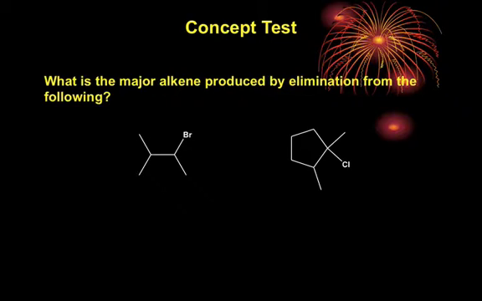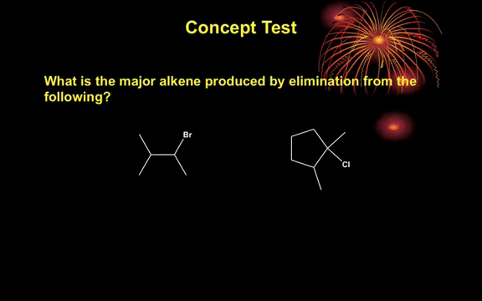This would clearly be the major product because this is trisubstituted, so it has three things off it. That's right. Whereas if we eliminate here, we'd end up with that, and so we only have the one group on the alkene. Does that make sense?